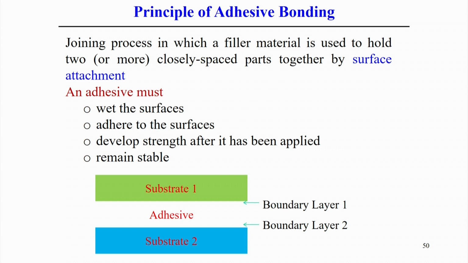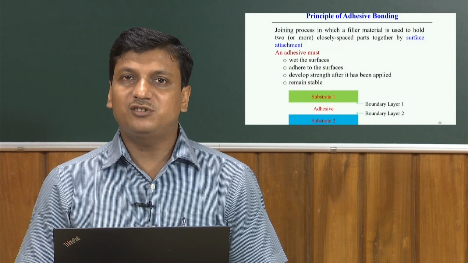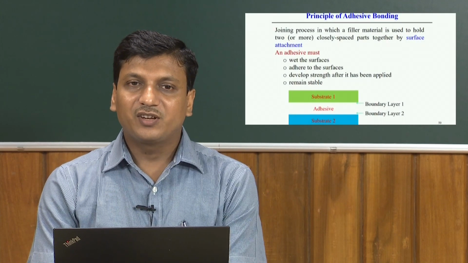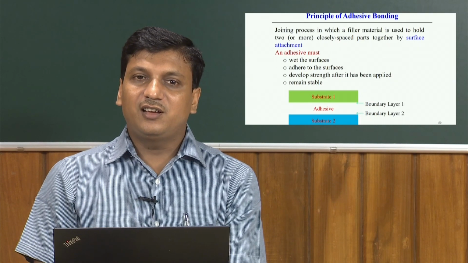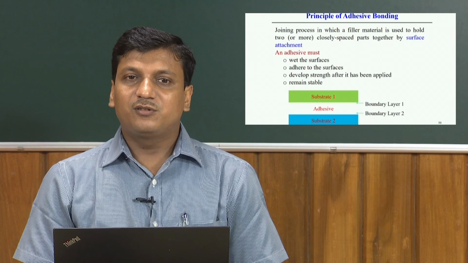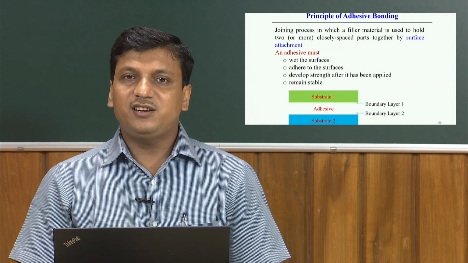Therefore, the adhesive should have some qualities: it should wet both the surfaces we are supposed to join, adhere to the surfaces exactly, and develop strength after it has been applied.